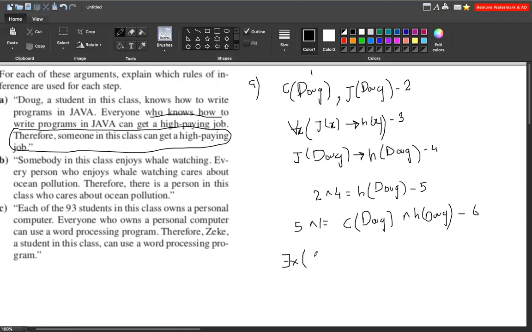So C of x, and he can get a highly paid job. So based on our assumptions, we find the conclusion that there exists someone in this class who can find a highly paid job.